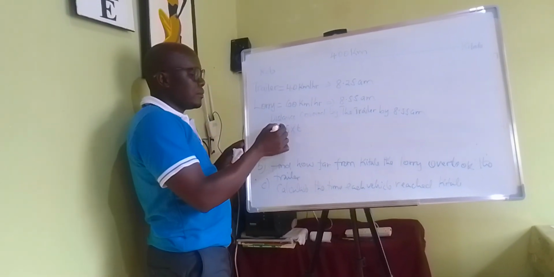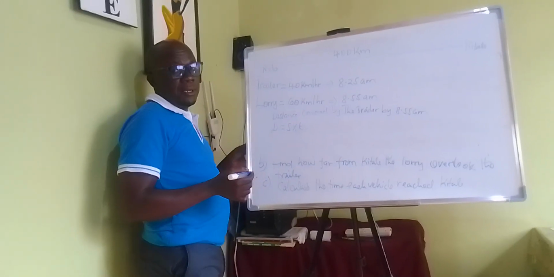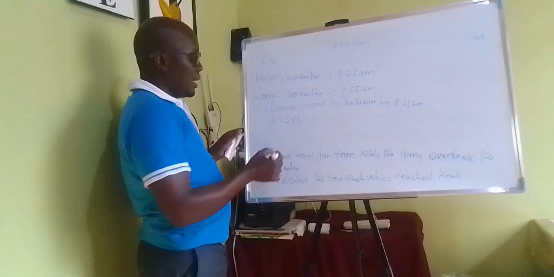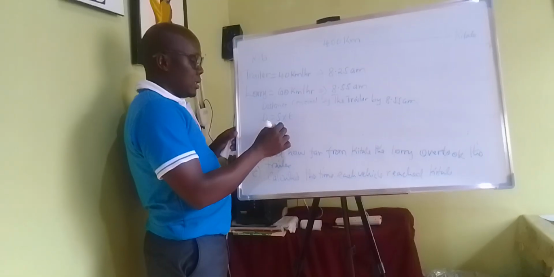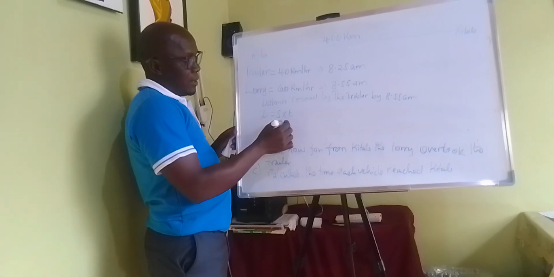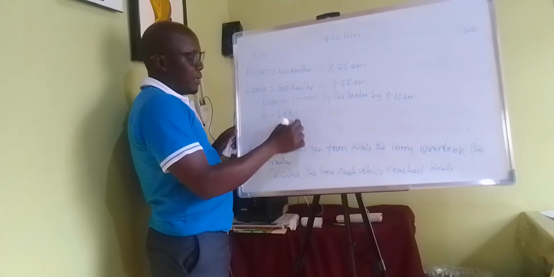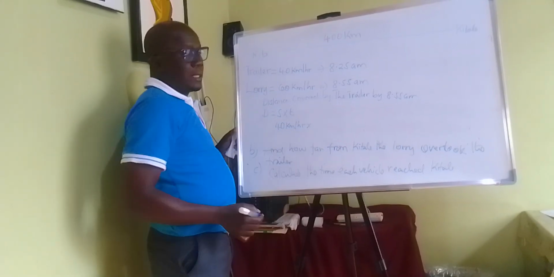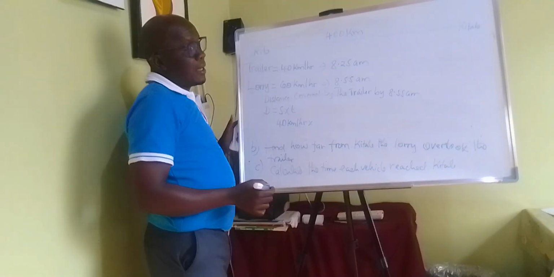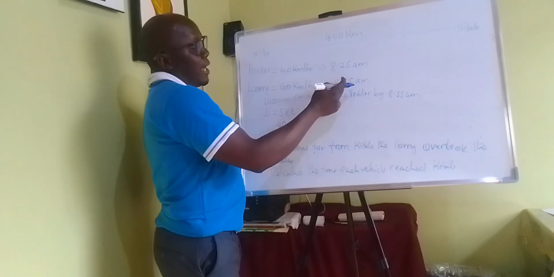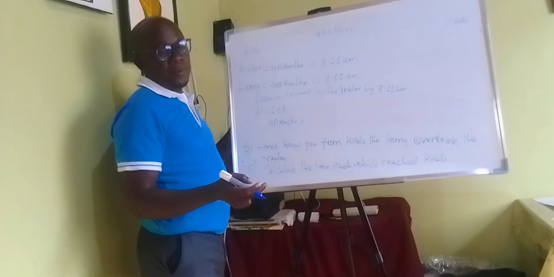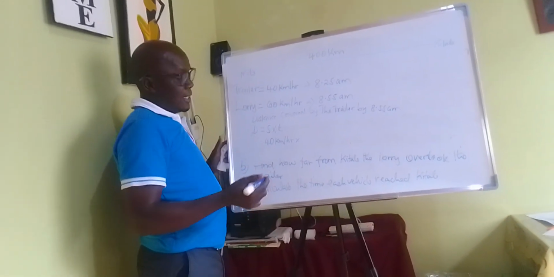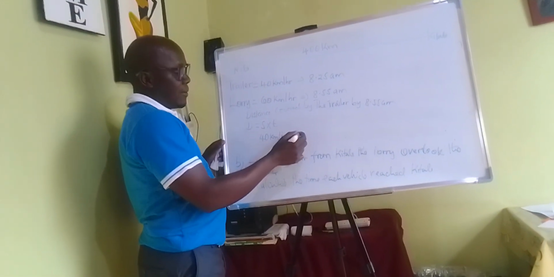So we take the speed of the trailer, that is 40 kilometers per hour, and multiply by time. If you take 8:55 minus 8:25, you get 30 minutes, which is equivalent to half an hour.